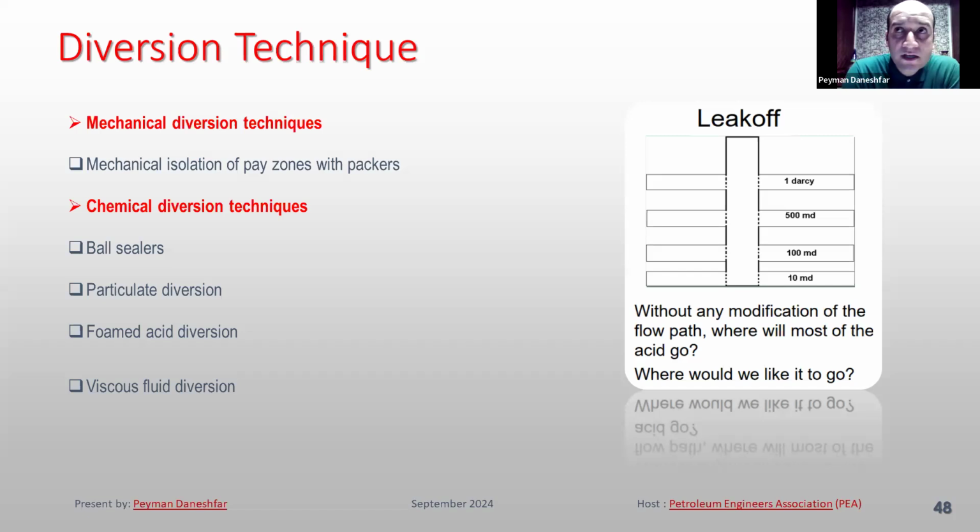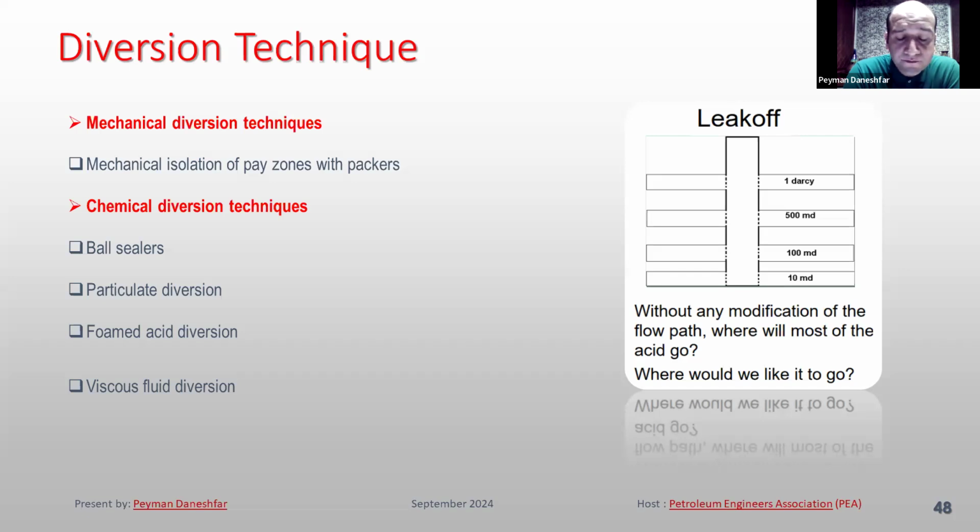If you do matrix acidizing in sandstone, you can decrease the skin factor at most to 0. But in a carbonate, you can dissolve the carbonate and also increase permeability and some porosity.